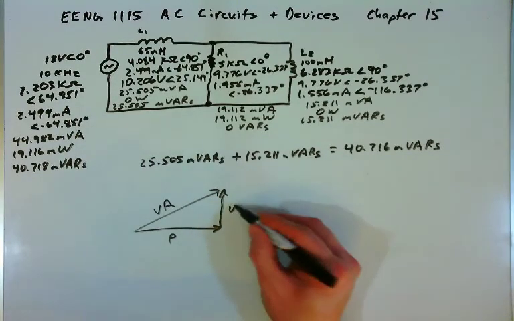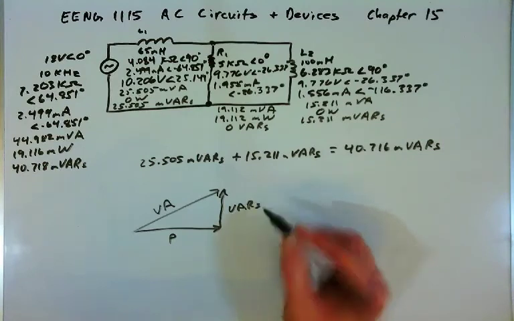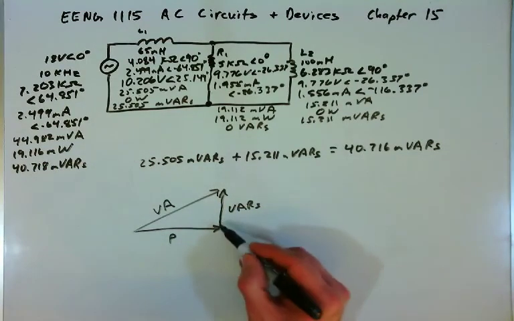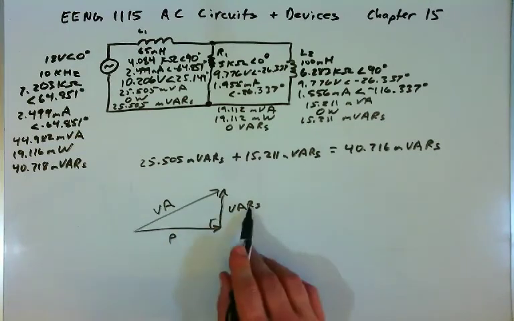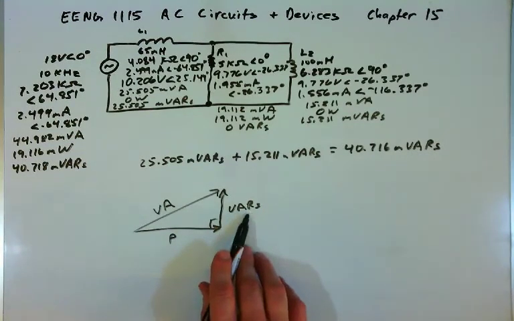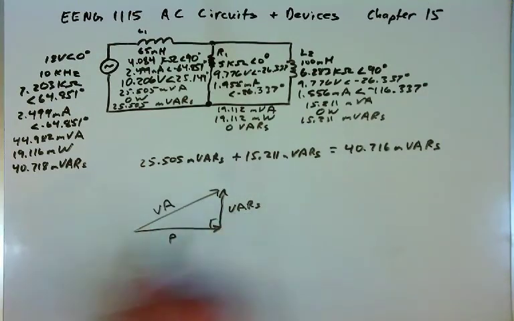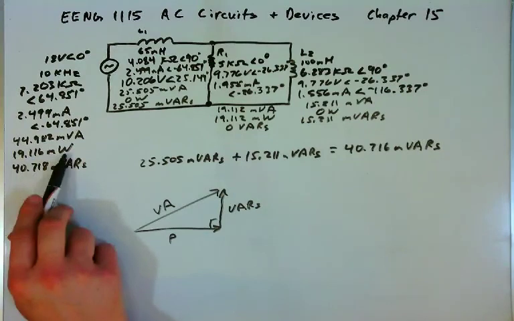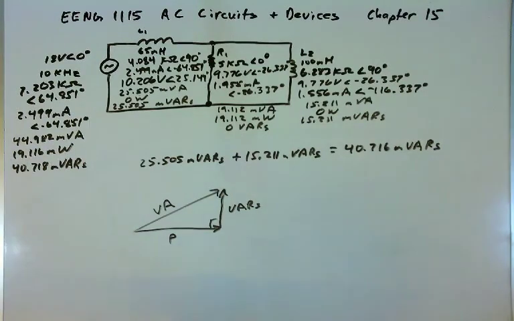The other leg is the volt amps reactive, which is the Y component. And so the volt amps is the vector sum of the power and the vars, the power being at 0 degrees, the vars being at 90. And so I don't need to check this because we already know that these watts and these vars will add together to give us those volt amps. And so that concludes this circuit.